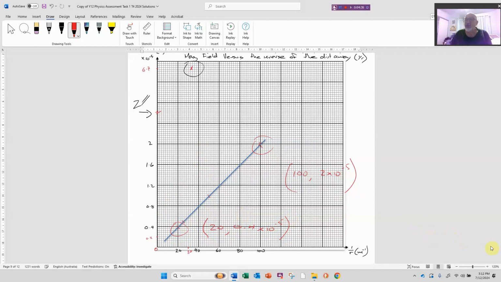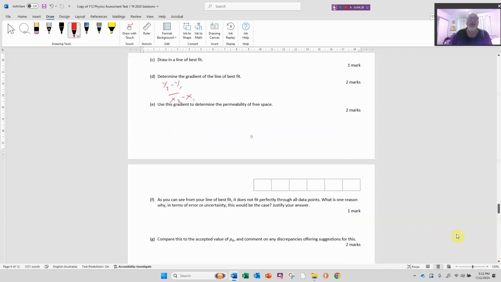So with that in mind, we now go down and we go Y2 is 2 by 10 to the negative 5 minus 0.4 by 10 to the negative 5 over 100 minus 20, and that gives me 2 by 10 to the negative 7 as my gradient.